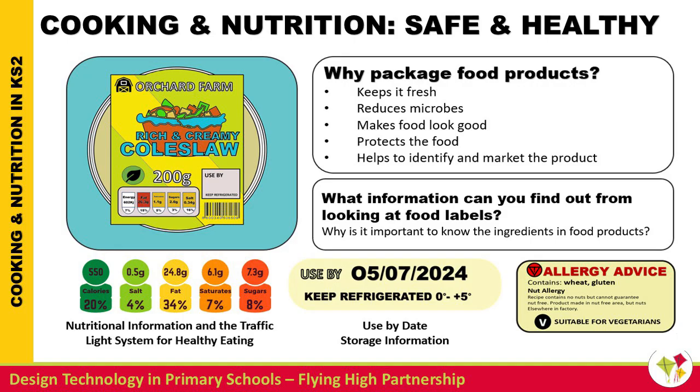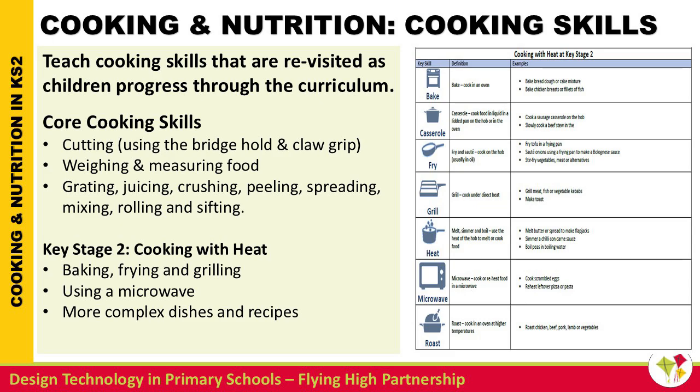The cooking and nutrition curriculum in Key Stage 2 provides an opportunity for children to learn about food labelling and the information contained on food packaging that can help them to keep safe and healthy. Children can learn about the reasons why food products are packaged and the type of information found on food packaging and labels. They can be introduced to the traffic light system and link this to their learning about healthy eating.